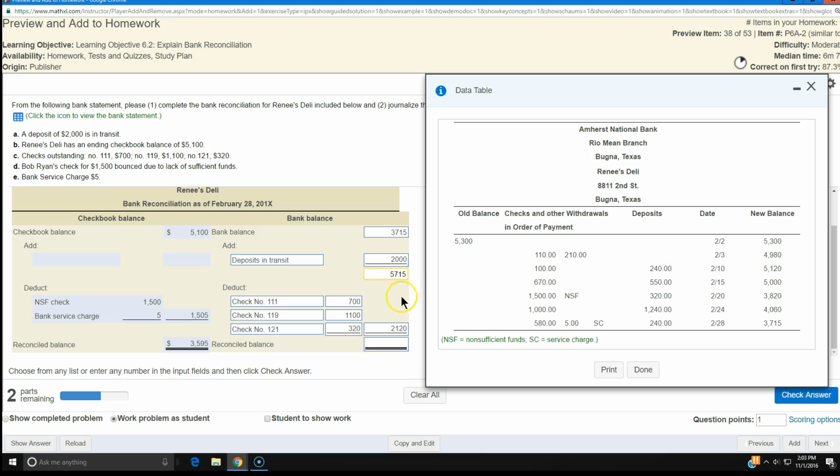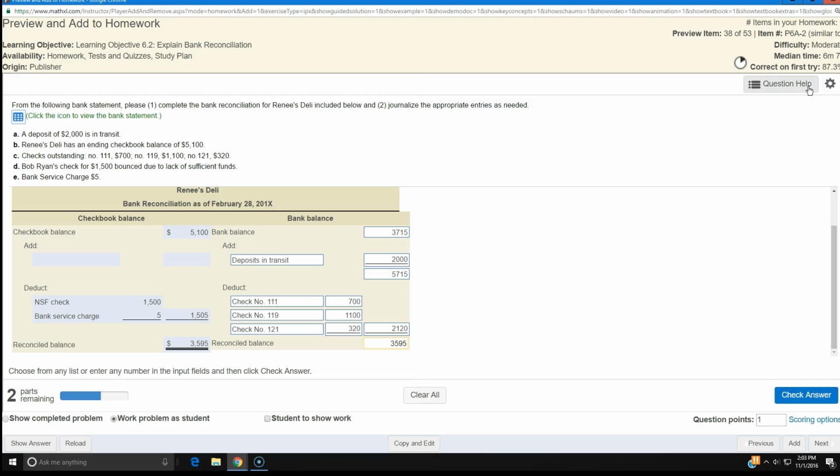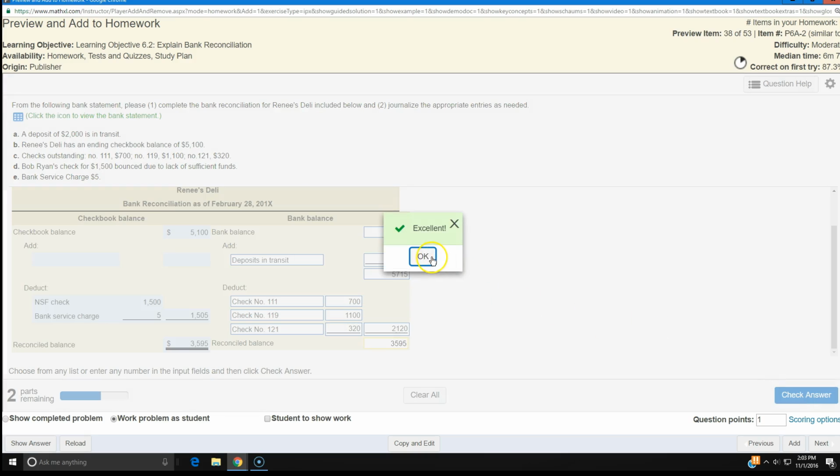So when you subtract that 2120 from the 5715, in fact, 3595 is the reconciled balance, and I can get rid of this now because the reconciliation is complete. So let's make sure we got it right. And we did.